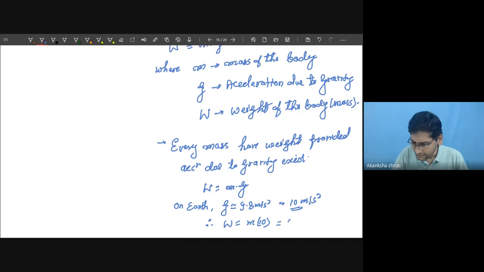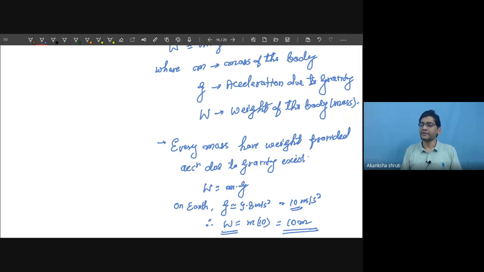So it is 10 m. So weight of a body on earth is how many times? 10 times its mass. This you have to keep in mind, student. So if the body has mass, then it has the weight which is obtained by multiplying the mass by 10.